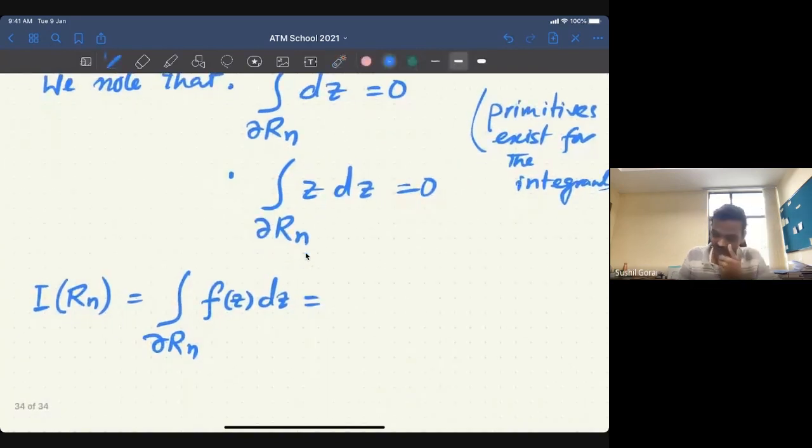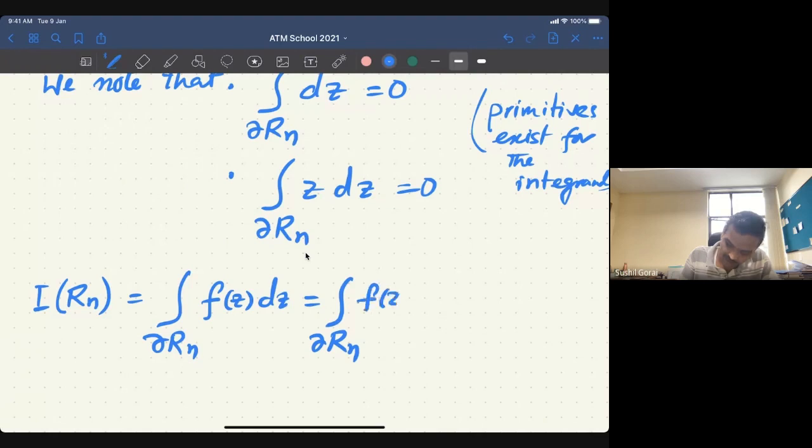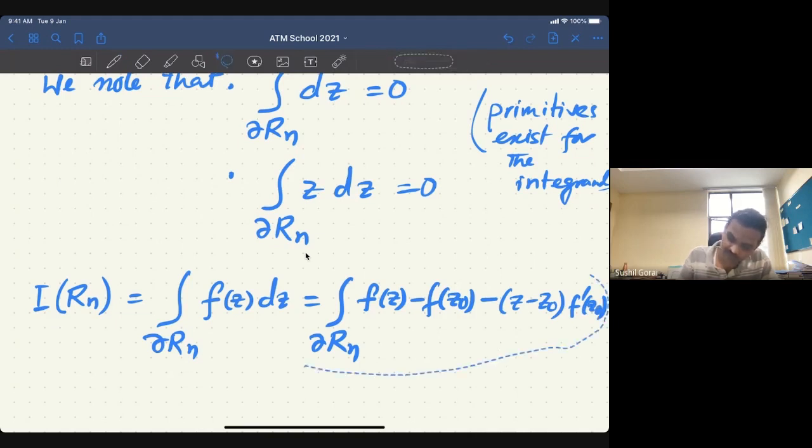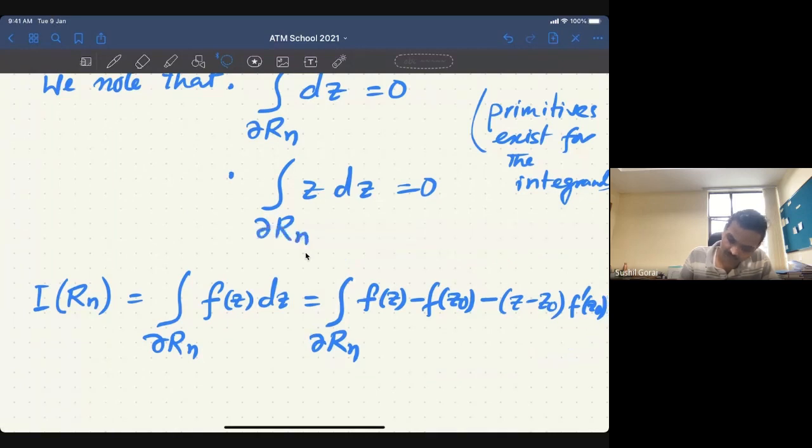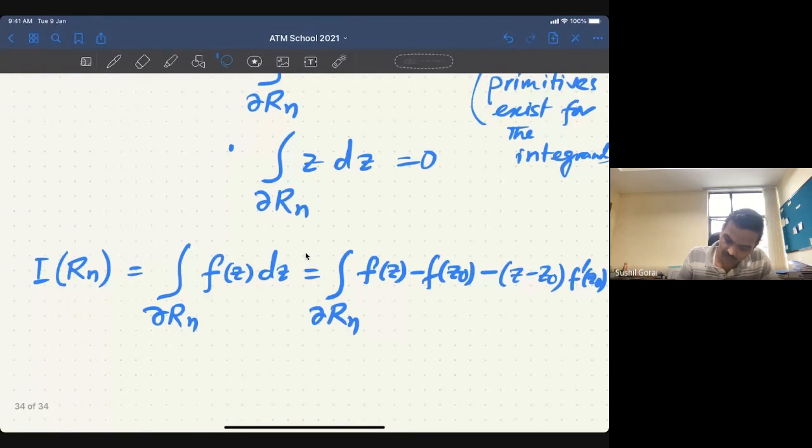So this is the integral over del Rn of f(z) minus f(z0), which is a constant, minus (z minus z0) times f prime z0, and then there is this dz.